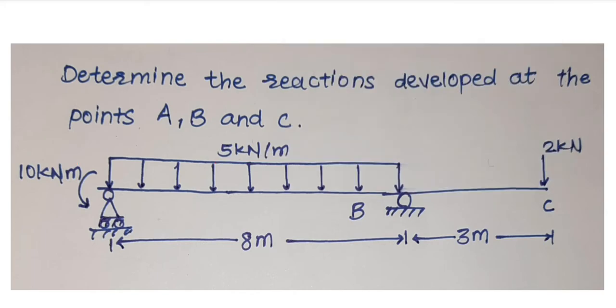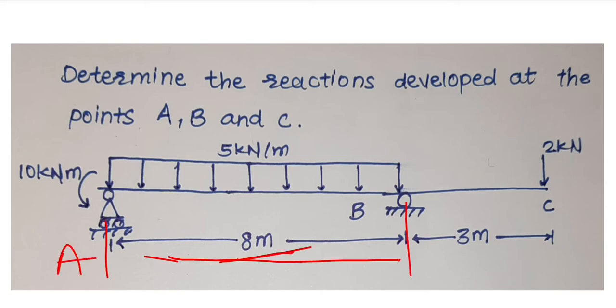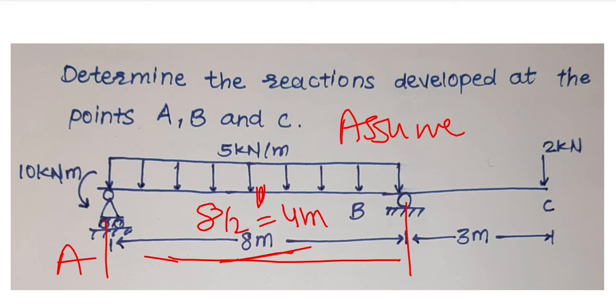As it is acting over a distance of 8 meters, from point A to point B, we will assume that the total force will be concentrated at 8 by 2, that is L by 2, that is 4 meters. That is, from point A and from point B, at a 4 meter distance, the concentrated force will be applied.